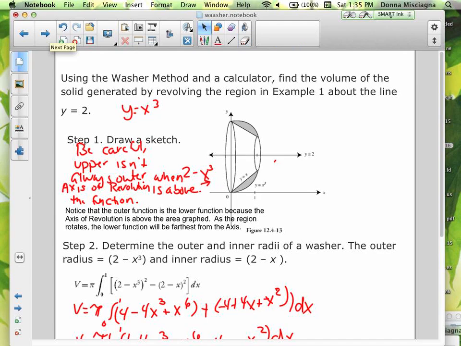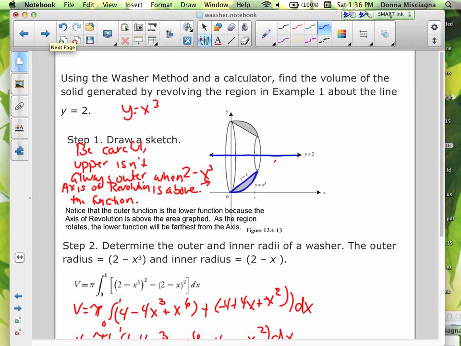It's three-dimensional there just because we've drawn in the mirror image. Here the actual function is down here, y equals x cubed, and we're revolving around this line y equals 2.